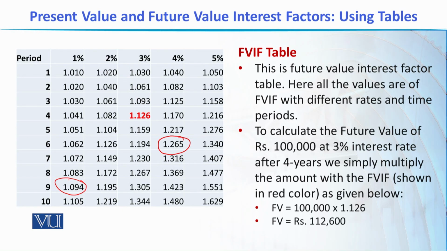Now, if you have a calculator and you calculate this value for 4 years at 3%, that is 1 plus 3% raised to the power 4, you would see that you will get the same amount, that is 1.126. But from the table, we just pick up this amount 1.126, multiply it by the present value that is given to us, which is 100,000, and in one go we get the future value, that is 112,600 rupees. Now, this is nothing but simplification of our calculation.